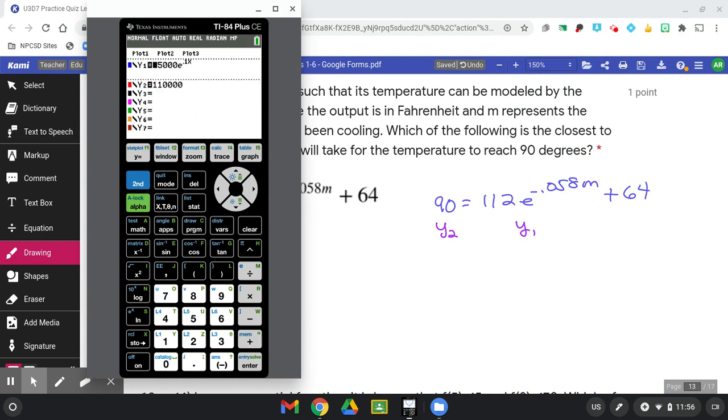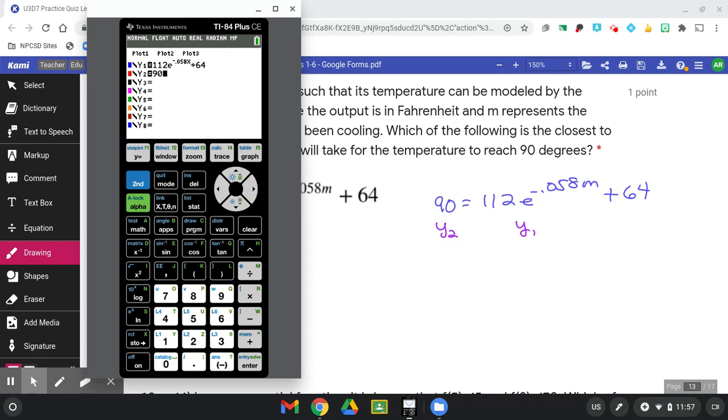I'm going to go into y equals, and I'm going to put in 112, and then second division is the e raised to the negative 0.058 x plus 64, and y2 equals 90. Now we have to be careful.